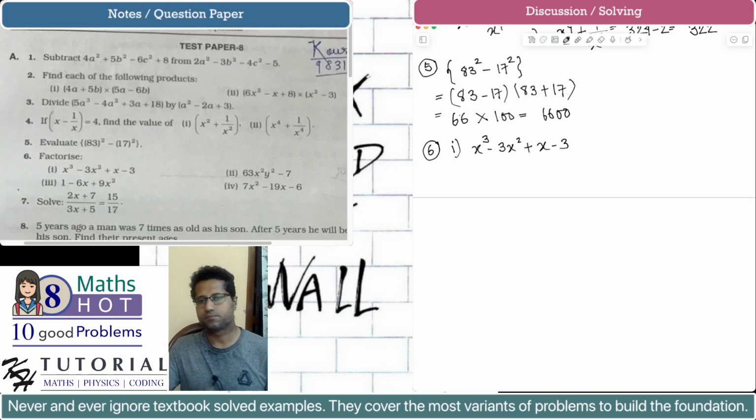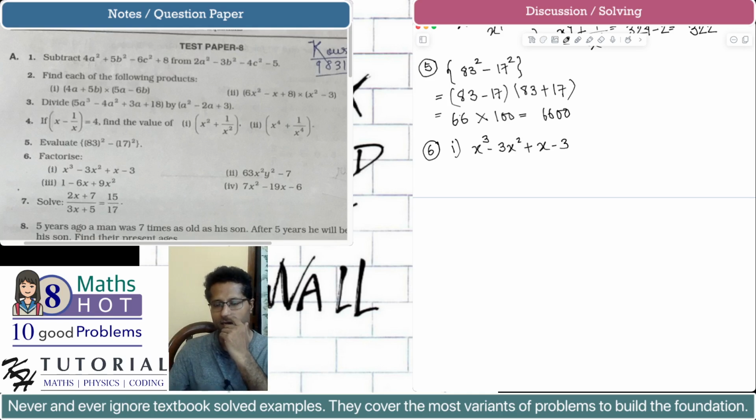Now, since the polynomial has a degree of 3, we cannot apply the usual formulas directly. First of all we see that there is no common factor of all the terms. The terms of this expression are not having any common factor.